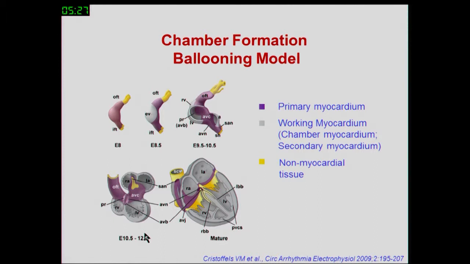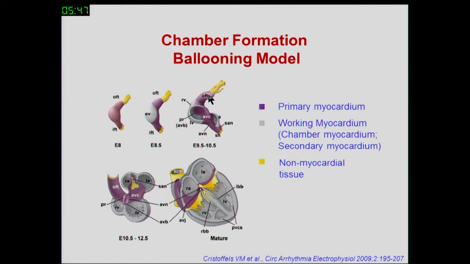After several studies, the ballooning model is more reasonable to explain formation of chambers. In this model, primary myocardium, colored in purple, originates from the linear heart tube and does not separate.